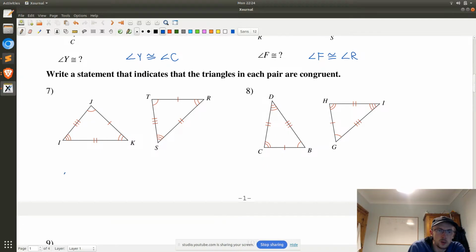Okay, so triangle JKI is congruent to triangle TRS. Triangle BCD is congruent to triangle GHI.